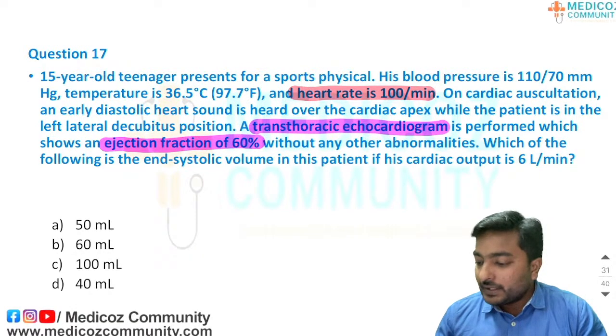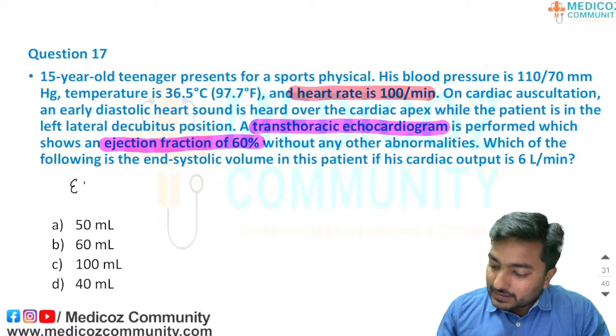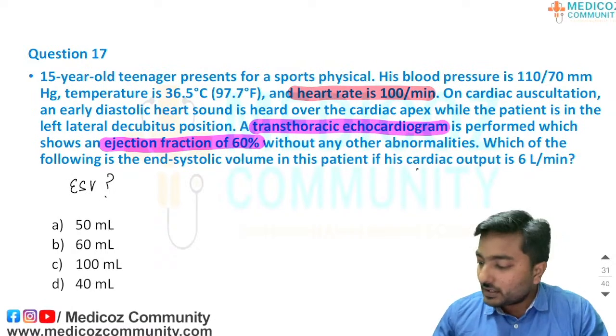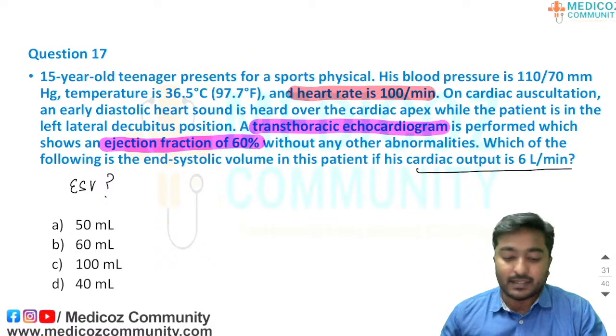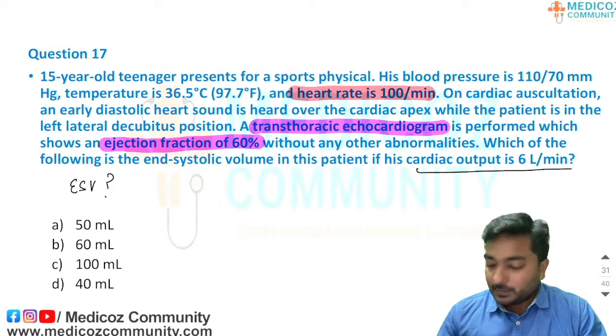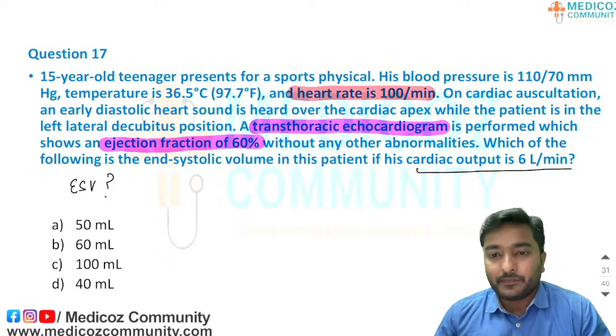Which of the following is the end systolic volume if the patient's cardiac output is 6 liters per minute? Option A 50 ml, option B 60, option C 100, option D 40 ml. What could be the answer?